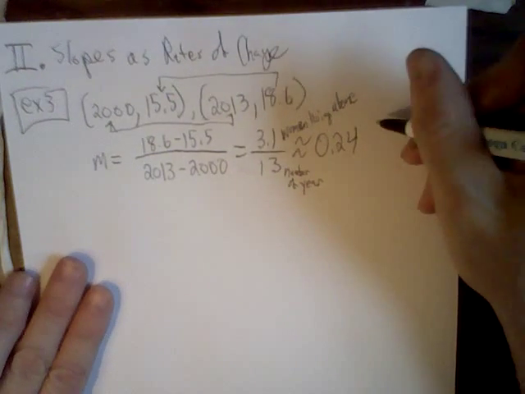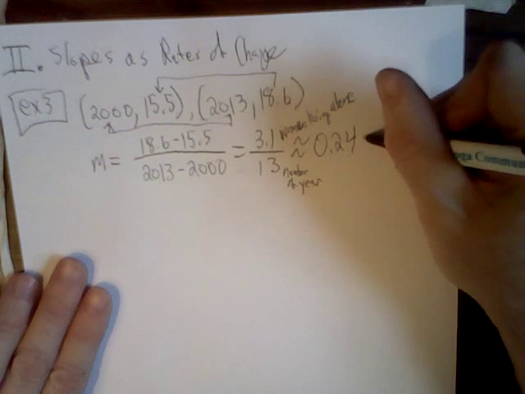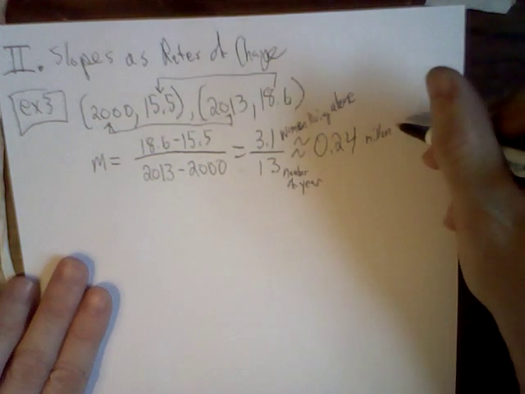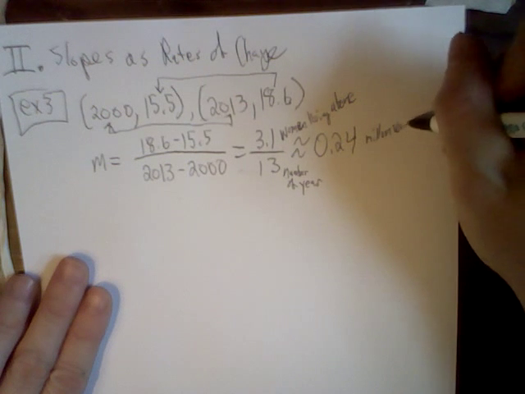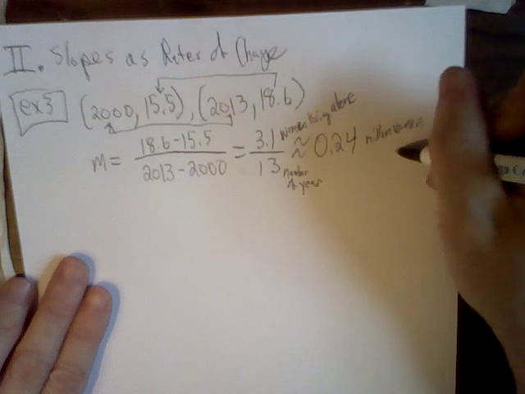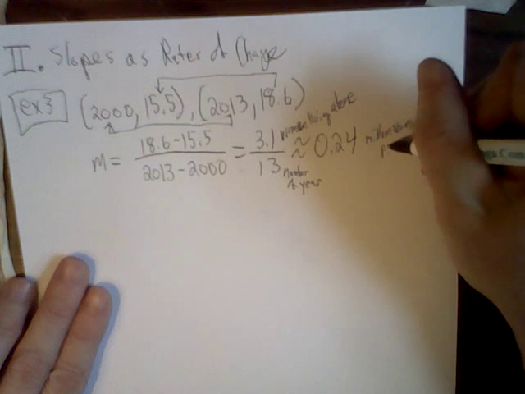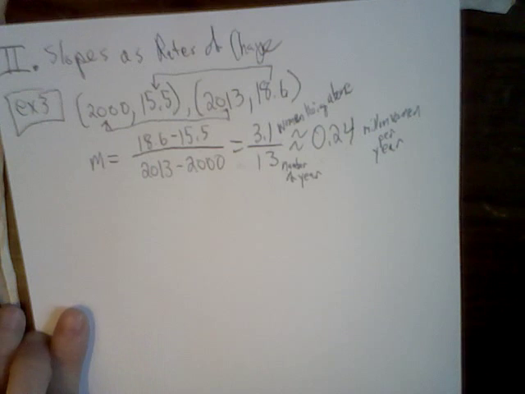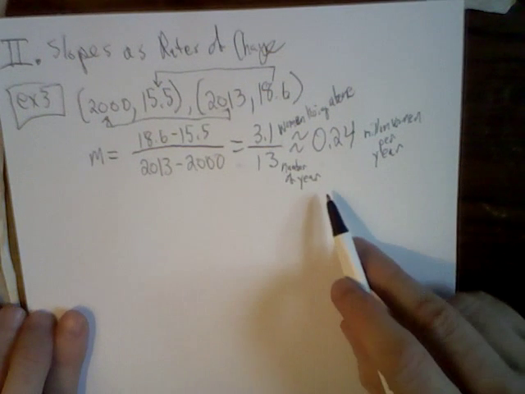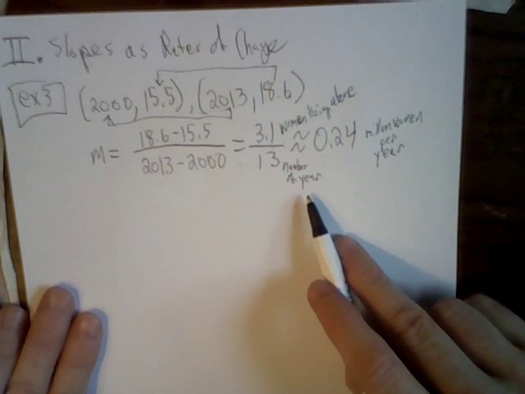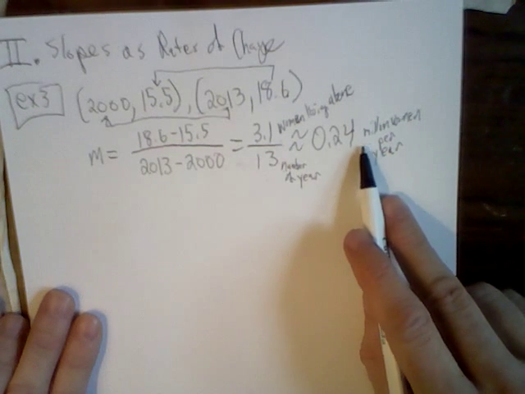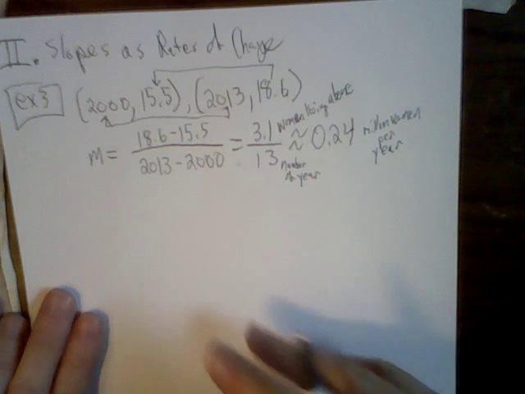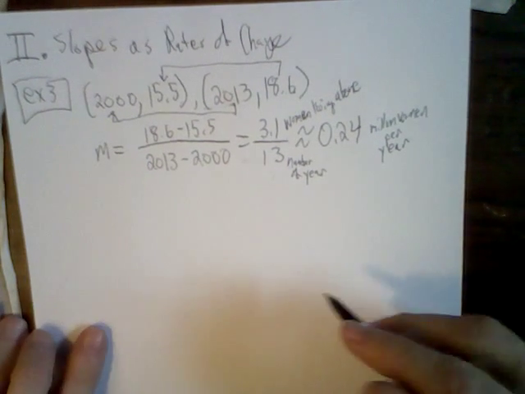So this is a 0.24 million more women per year increase. Just like when you're driving a car, you're going 50 miles per hour, this is 0.24 million women per year, and you're going more. Okay, so it's increasing.